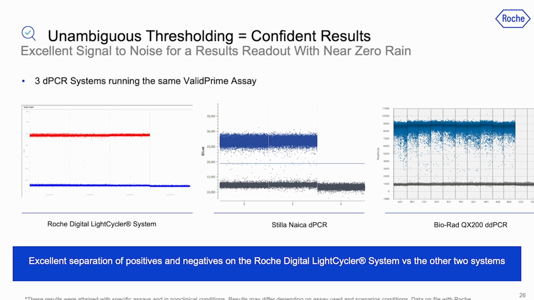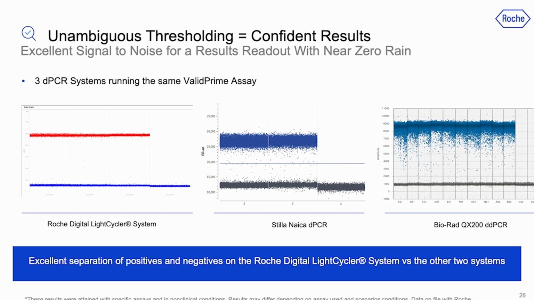This is very important for allowing clear thresholding, harnessing digital PCR's technology, which is essentially classification of positives and negatives. All of these attributes, demonstrated clearly using this valid prime assay across these 3 systems, ensure a nice capability of separating positives and negatives, instilling confidence that the data you're getting out of the system is of high quality.